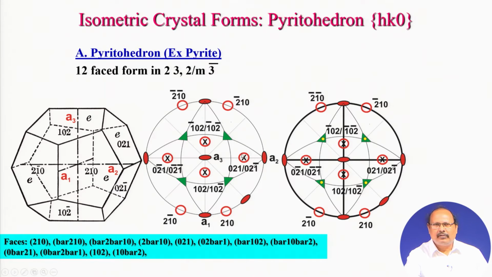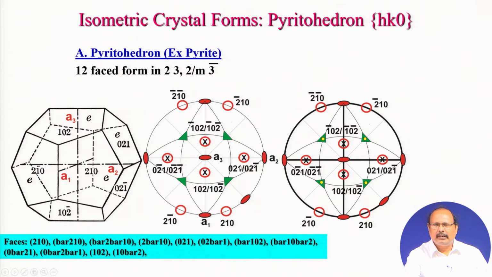Now, this point is 001 and this is 010. In between we have 011, and this open circle here lies between 011 and 010.